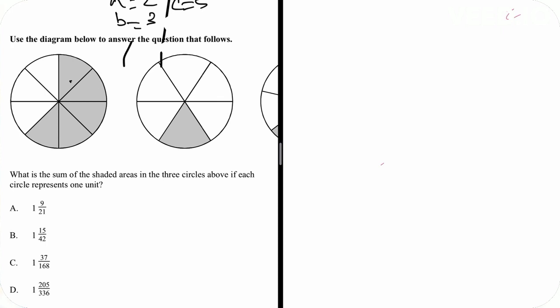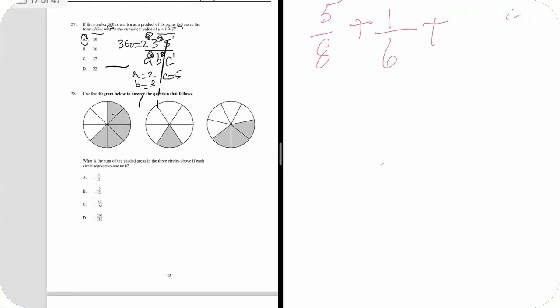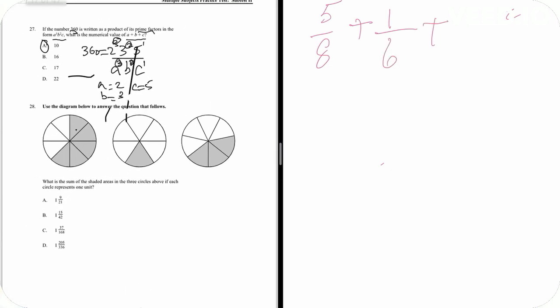So in my first circle we have 5 upon 8. Then the second one is 1 shaded, and the total is 1, 2, 3, 4, 5, 6. And the third one is 3 shaded, and the total is 1, 2, 3, 4, 5, 6, 7. So that's the total shaded portion.